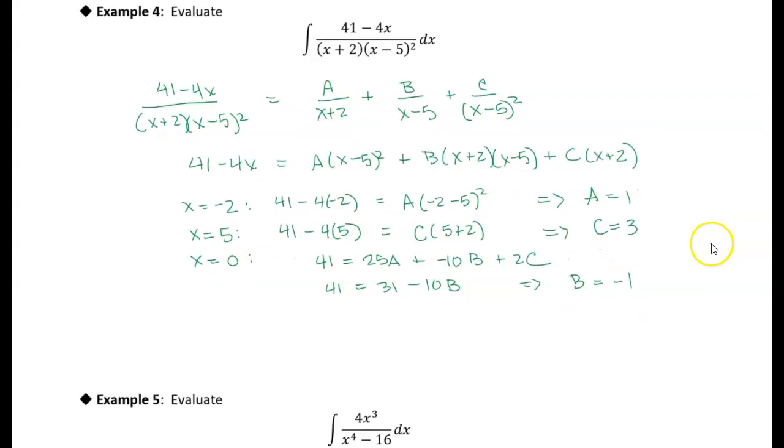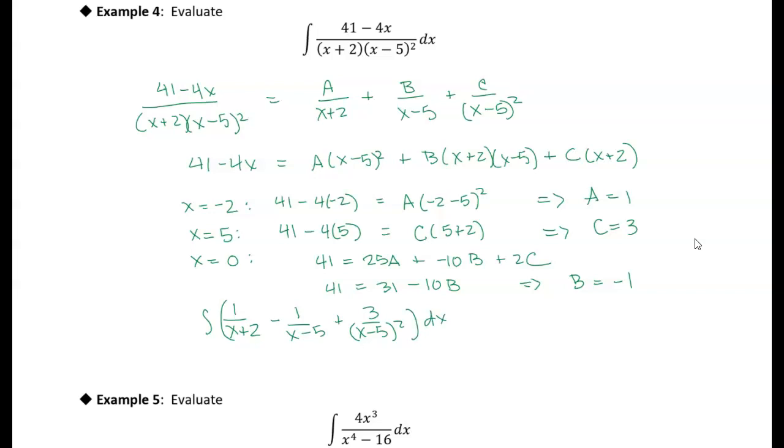So let me scroll down. We've got a little bit of room here to finish this problem out. So we've got the integral of 1 over x plus 2, minus, B was minus 1, so that means minus 1 over x minus 5, and then plus 3 over x minus 5 squared, dx.